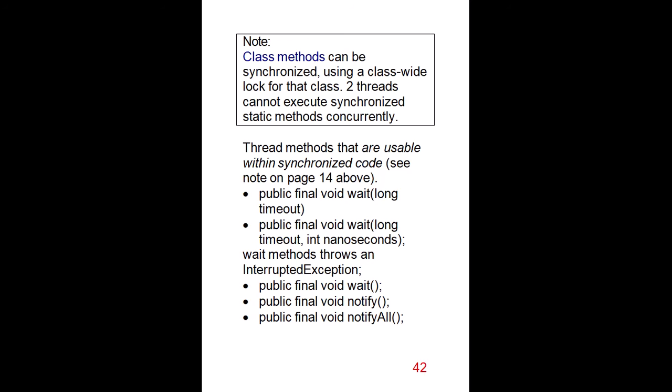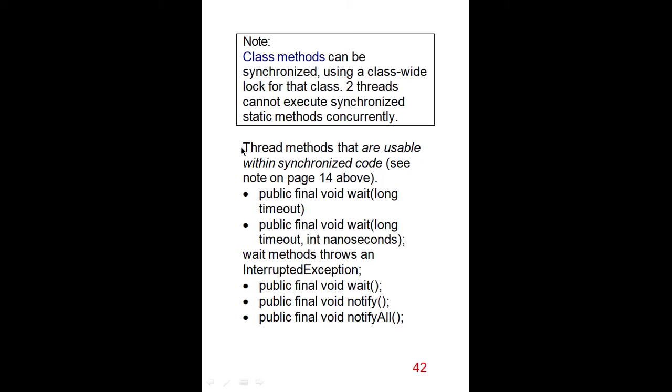But the same thing holds with static methods. Two threads cannot execute synchronized static methods concurrently, but at this point in time we don't need to examine static threads or what they're doing. We're just thinking about common or garden methods belonging to a particular object.